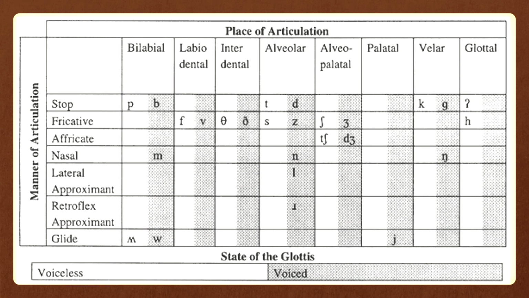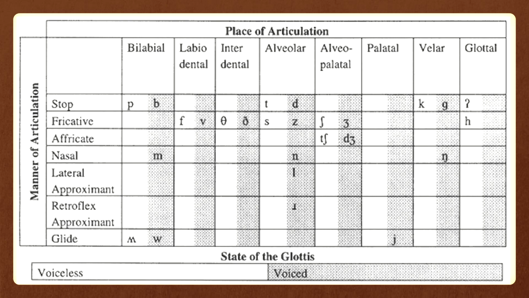These lower categories, the approximants and the glides, are troublesome, and they're also not the most important sounds to use in telling the general history of English as part of the Indo-European languages. But it's enough to say that the L sound isn't really produced by obstructing air in the mouth, and neither is the R sound.